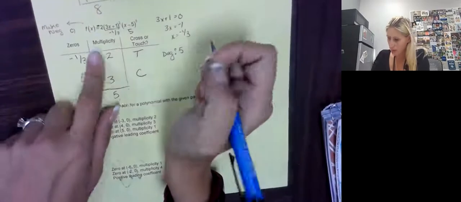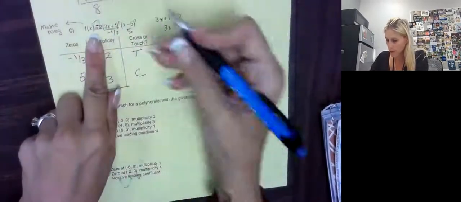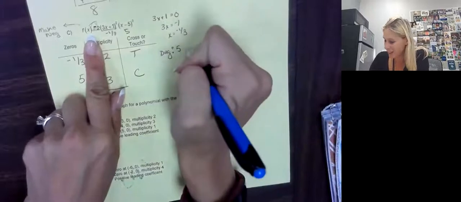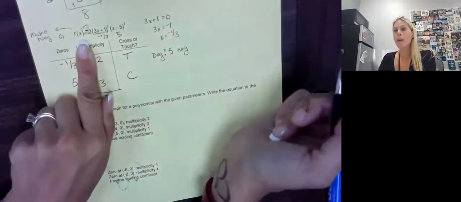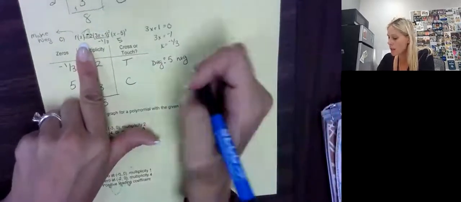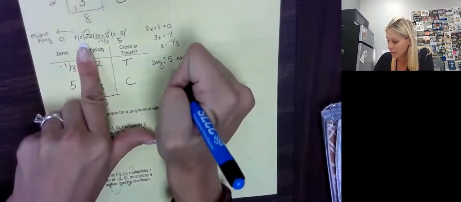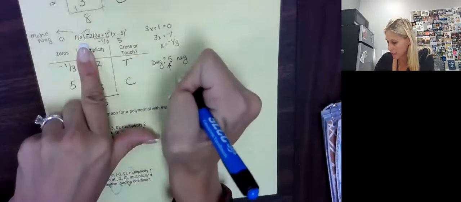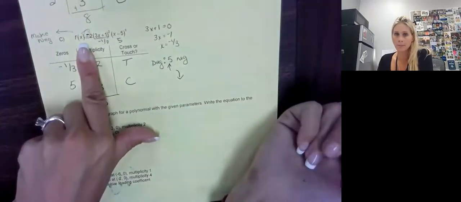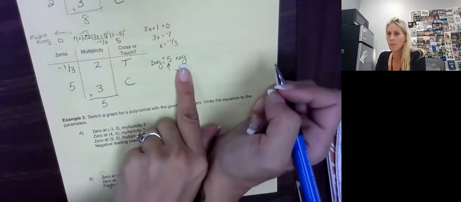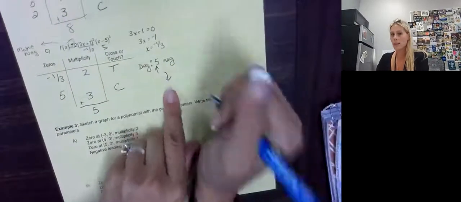But this time I also see that out front I put a negative because I wanted it to be a negative, which means if you remember from 1.4 that a negative odd on the left side it goes up, on the right side it goes down. Okay, remember that's that negative because the positive is the other way around.